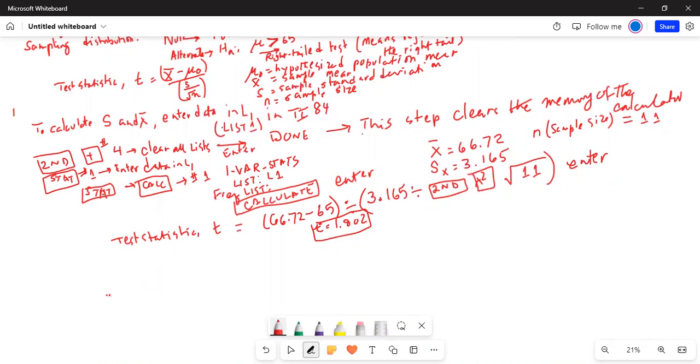So this is a picture of the T distribution. What does it mean? It means T values on the horizontal axis and probability on the vertical axis.